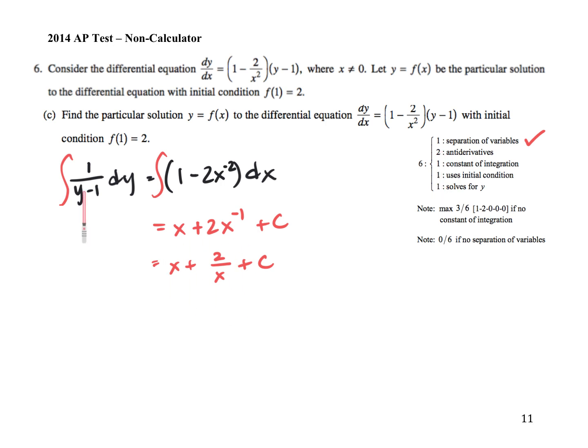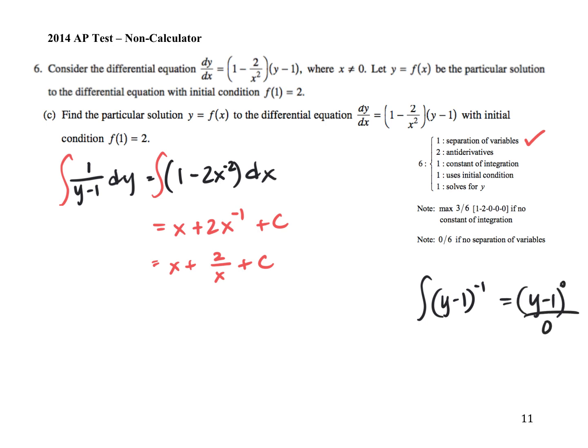There's 2. The reason they're giving us 2 here is because this one's a hard one. We get y minus 1 to the negative. What if we did this? Don't write this down. Because guess what? What happens when I add 1 to that exponent? It makes it 0. It would be y minus 1 to the 0 over 0.